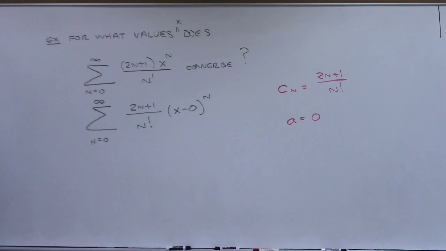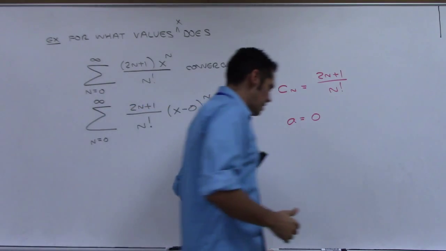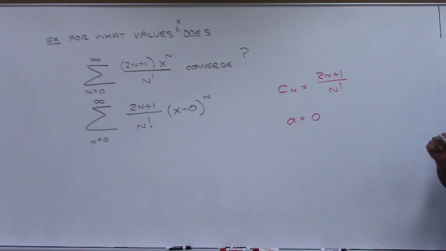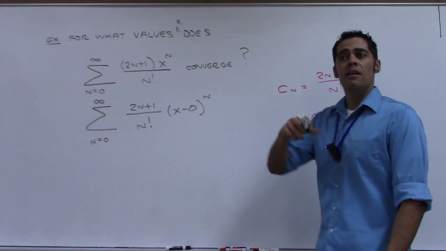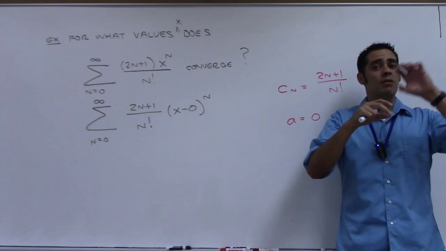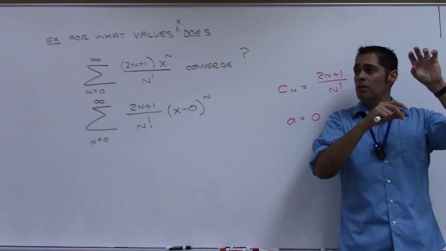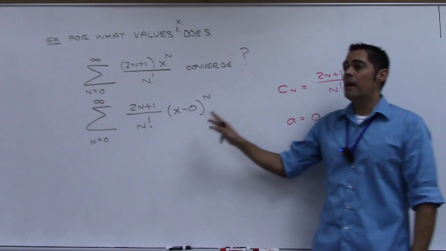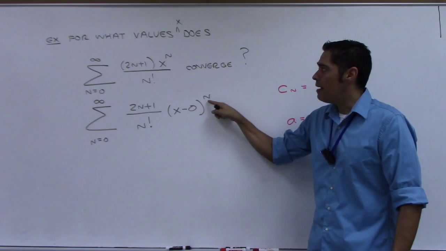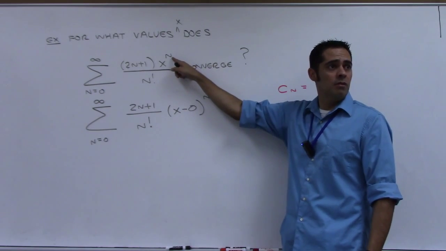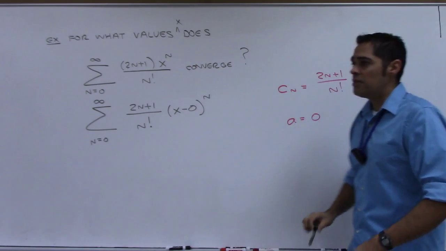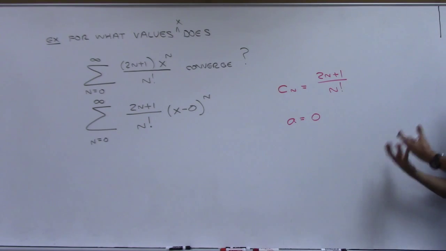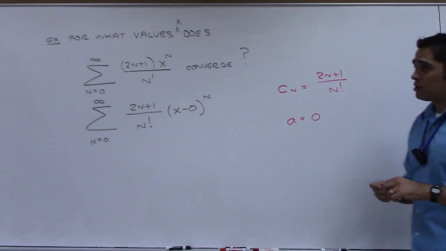I told you when we covered ratio test that it was probably the most important test. The reason is that we liked the ratio test when we had powers. n was our power. And if you're looking at a power series, you will always have a power of n. So the ratio test is very useful for determining convergence of power series. So that's what we'd like to start with.